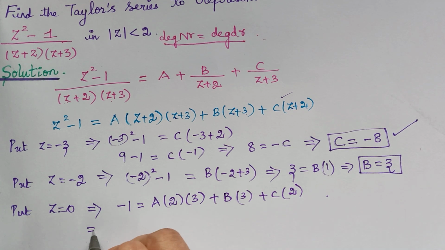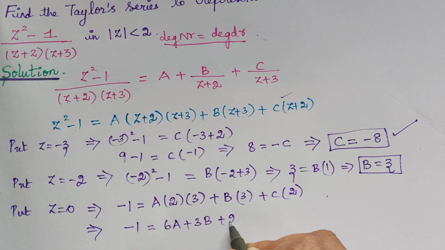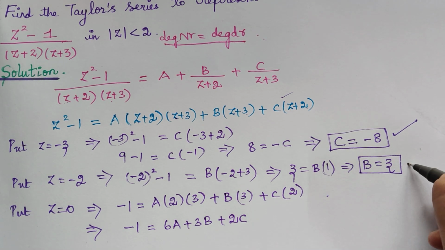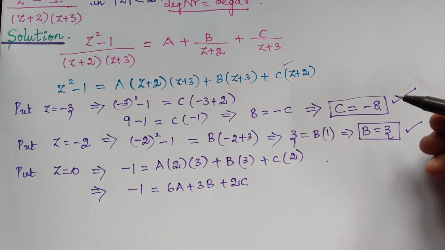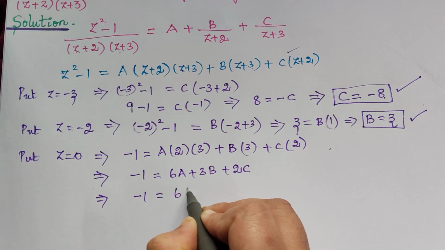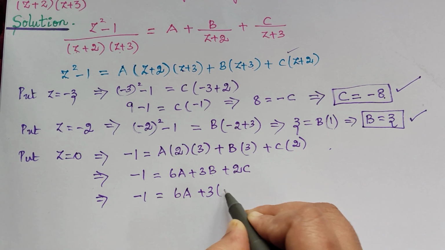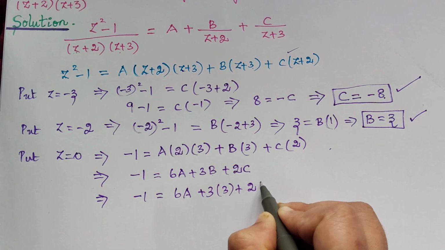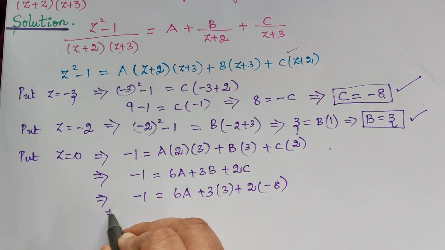So now from this we get minus 1 equal to 3 times 2 is 6a, plus 3b plus 2c. We know that b is equal to 3 and c is equal to minus 8. So in this we will substitute that. So minus 1 is equal to 6a plus 3 multiplied with b, which is 3, plus 2 multiplied with c, which is minus 8. So therefore what do we get?